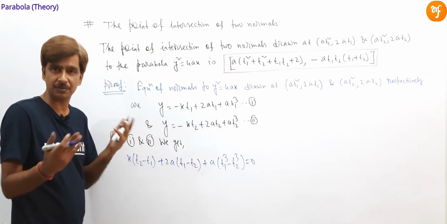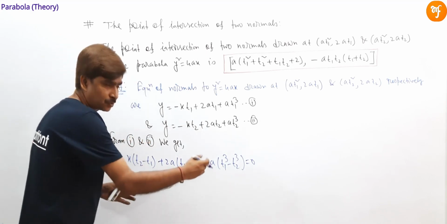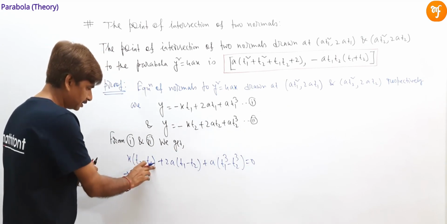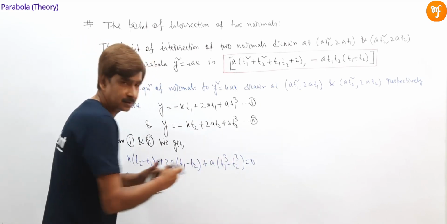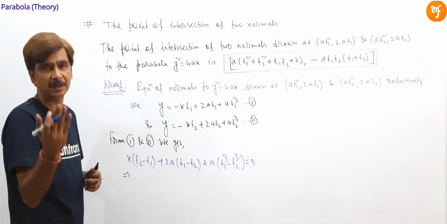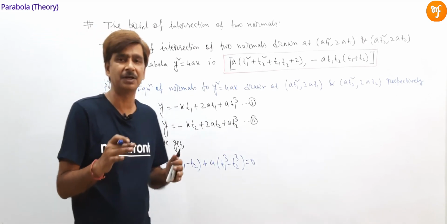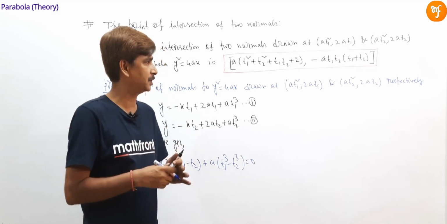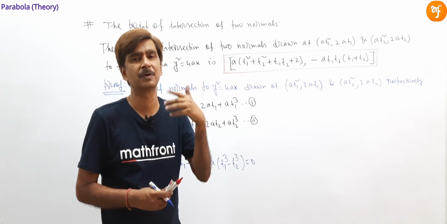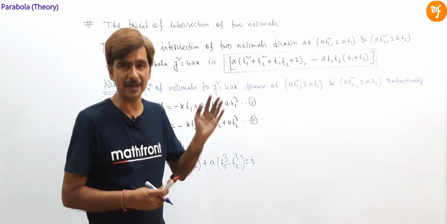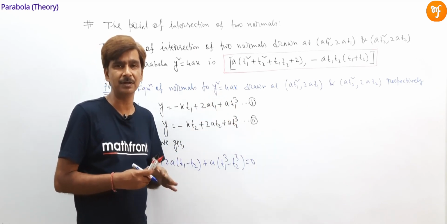Because y minus y is equal to 0. So from here we get the x coordinate. Just cancel t1 - t2 from all of this. Why? Because t1 - t2 never becomes 0. If t1 - t2 is equal to 0, then t1 becomes t2, meaning these two points coincide, so there is no concept of two normals. That is why t1 and t2 are distinct and t1 - t2 is non-zero.